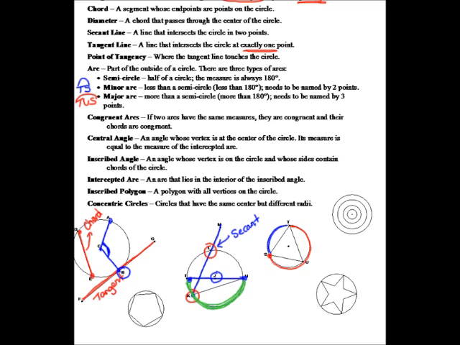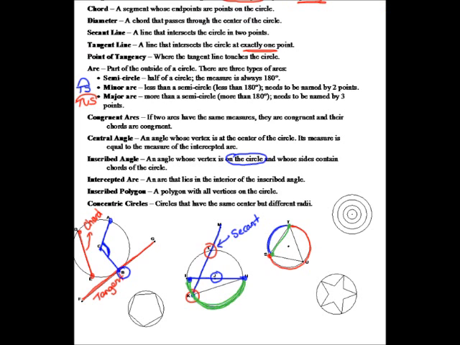Whereas an inscribed angle is an angle whose vertex is on the circle, and whose sides contain chords of the circle. Meaning, to make an inscribed angle, you make it with 2 chords. So an example of an inscribed angle, I'm going to go to my picture with the triangle.